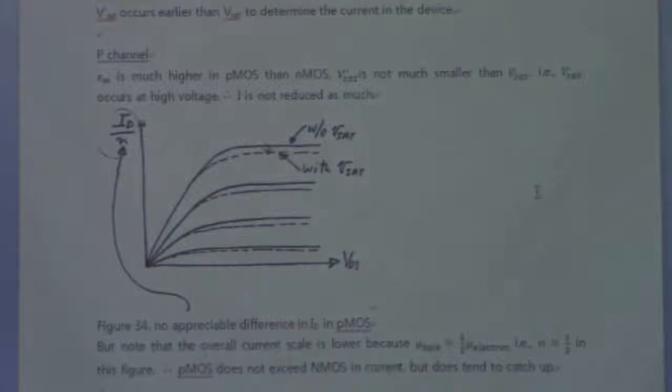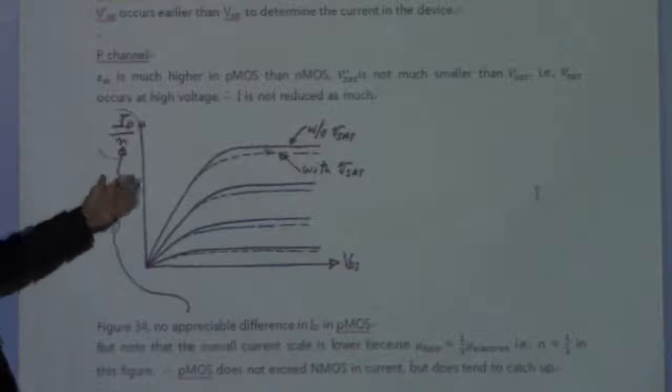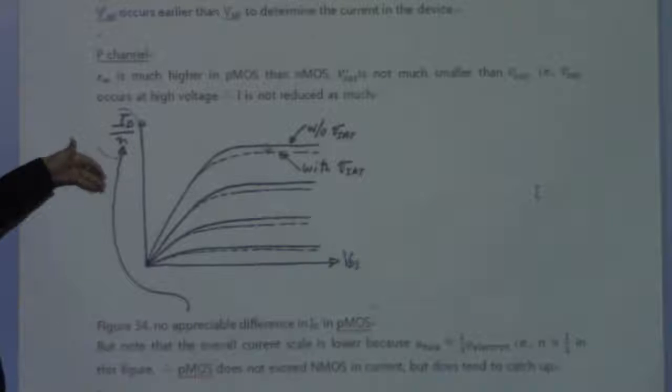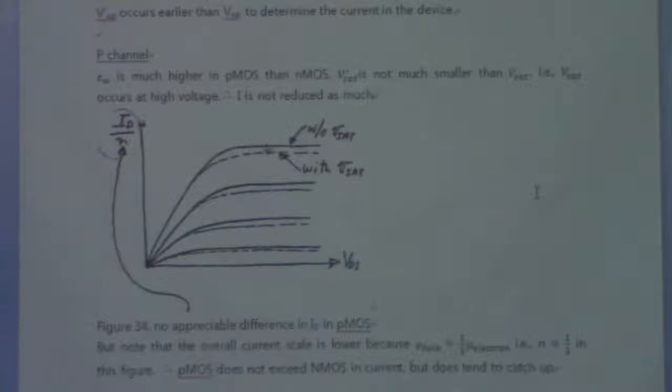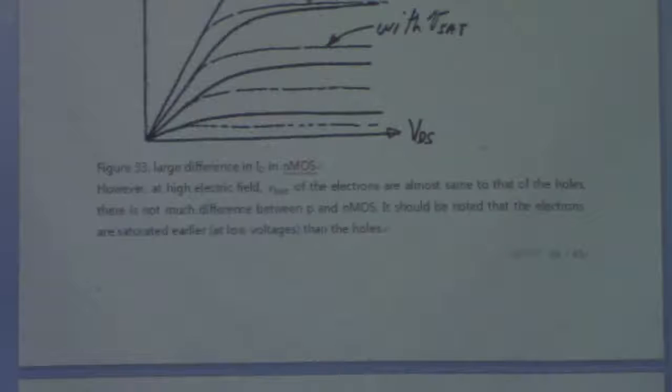But still, the current on the y-axis is very much lower than for electrons, because inherently the mobility of holes is 3 to 4 times smaller compared to the electrons. So at high electric fields, V saturate of electrons is almost the same as that of holes.